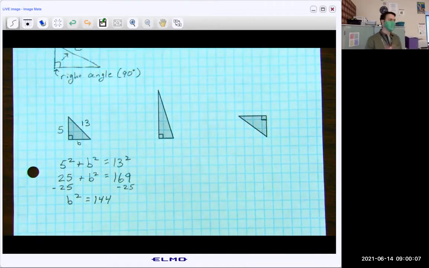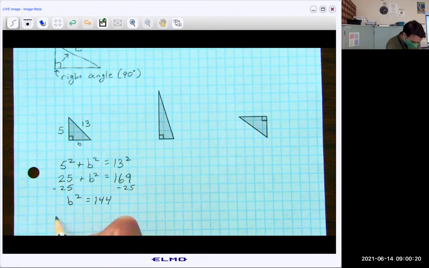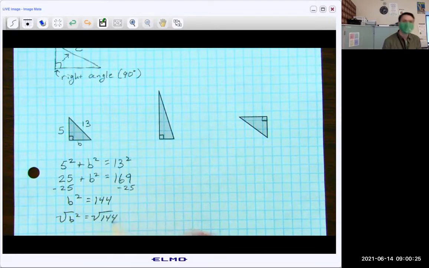This means some number times itself is 144. Hopefully you remember what the opposite of a square, of an exponent of 2 is. You can get rid of this exponent of 2 if you take the square root of both sides. Do you remember doing that with the quadratic formula?